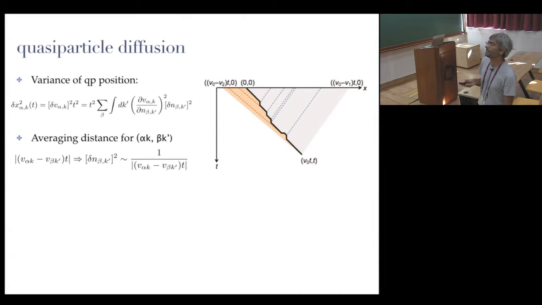So this depends on how sensitive the velocity is to the number of quasiparticles of the other species, and what the fluctuations of the other quasiparticle species are.